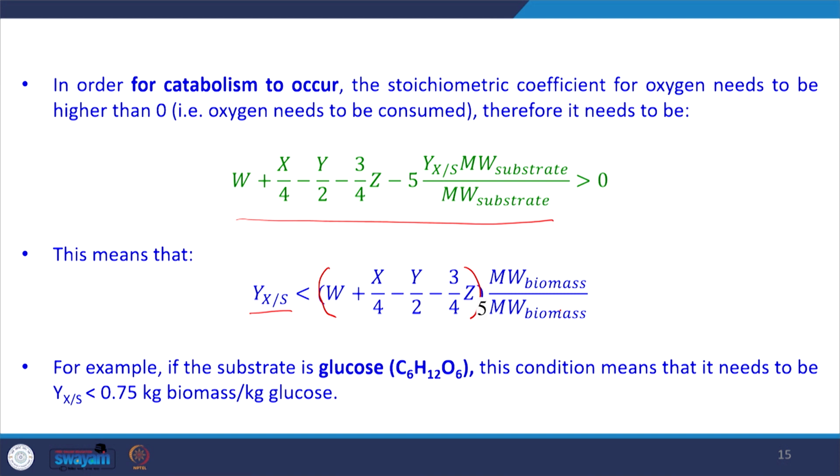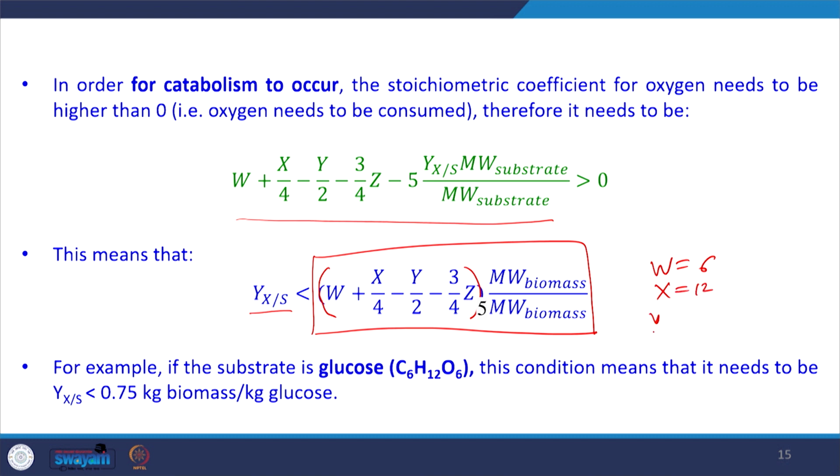Now, for example, if the substrate is glucose, all the values are known to us. So, we can solve this by substituting different values: w is equal to 6, x is equal to 12, y is equal to 6 and z is equal to 0.